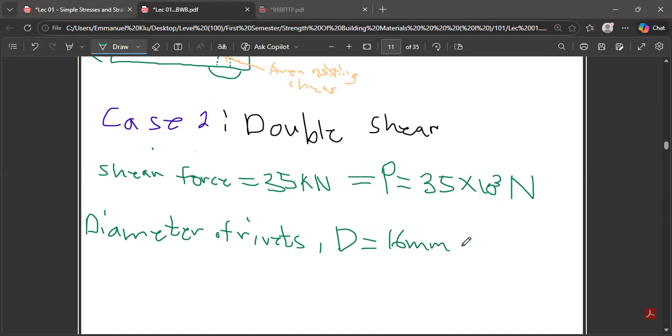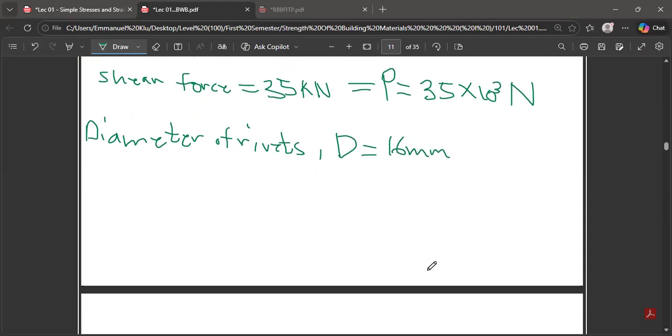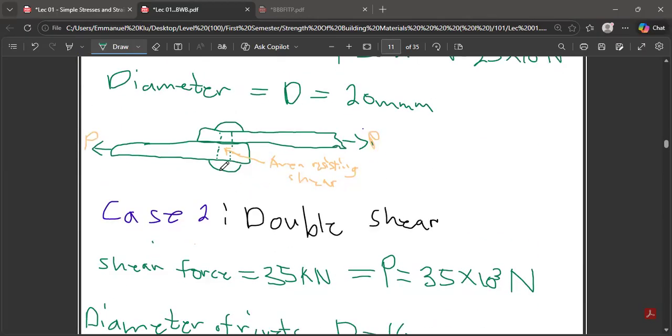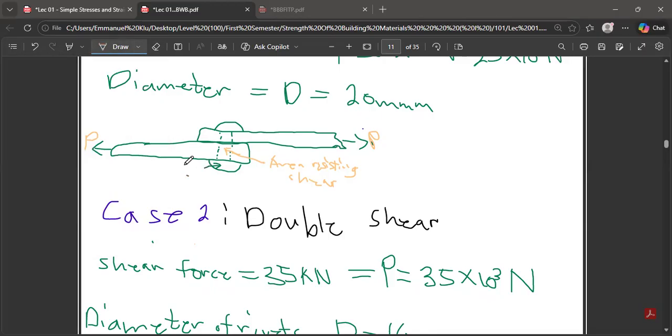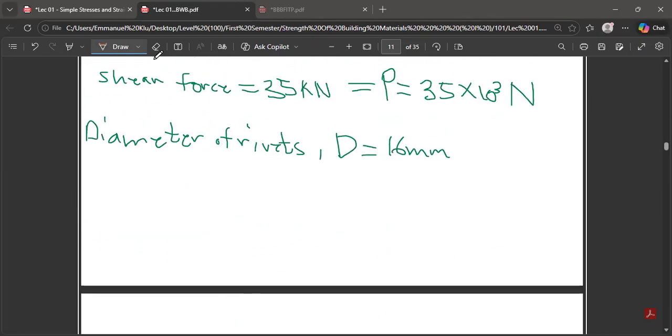Remember that there are two. Let me put a drawing over there so that at the end of the day we don't get confused. You can see that over here we have just one rivet. So this is a rivet. Let me use a different color pen to denote that.